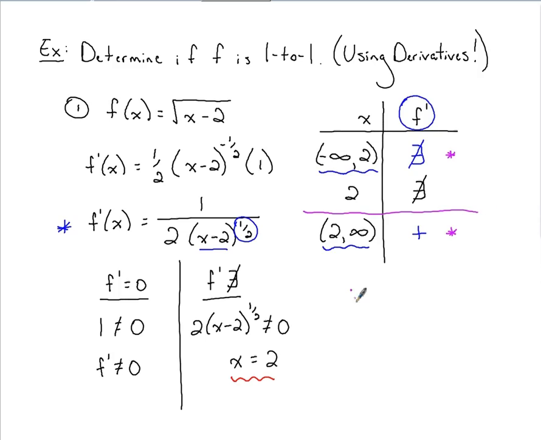Since we got something positive back, we say, therefore, f is 1 to 1. And as we do with therefore statements, we say why this is true. Our reason is the derivative, since it's positive, it's greater than 0 for all values of x.